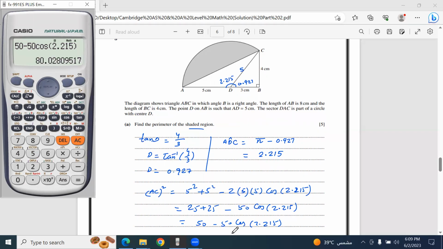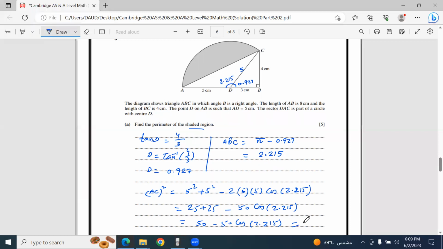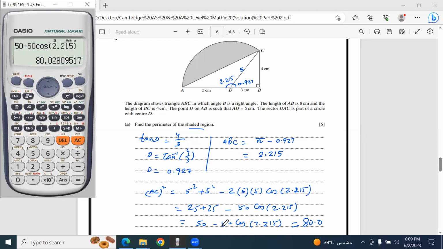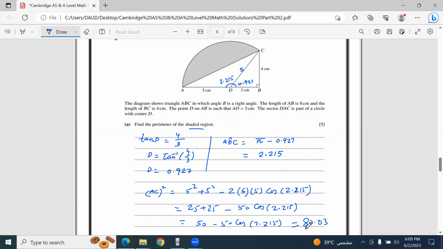Checking in the calculator, that gives me 80.03.